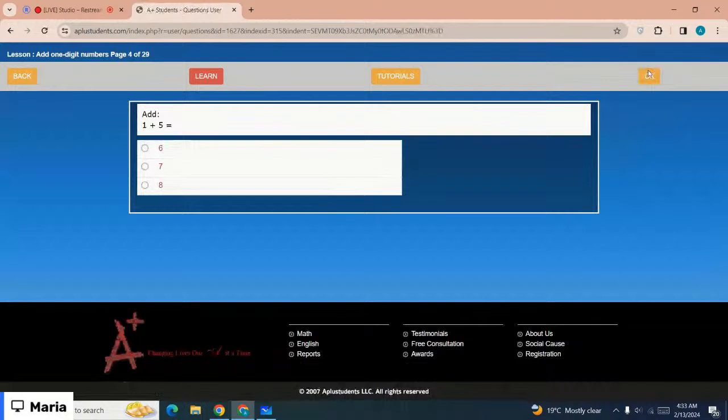The next one is 1 plus 5, which is the correct option? Yes, 5 plus 1 is 6. The correct option is 6.